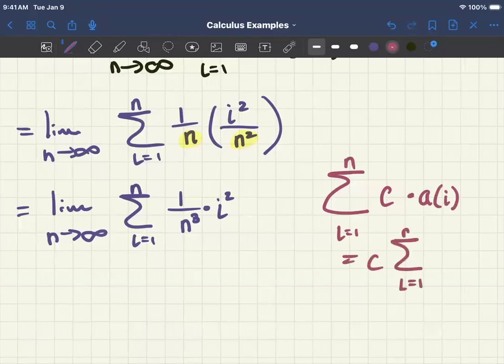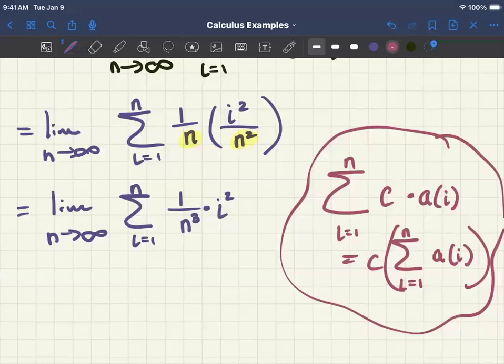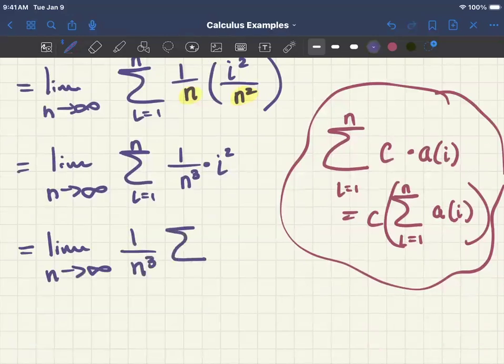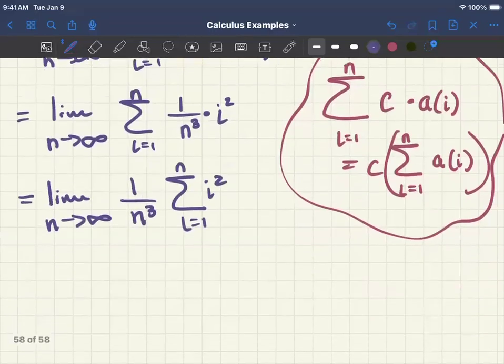This is one of those nice tools that we have, and it's still going to be equal. That is the rule we're going to use here. We're going to pull that 1 over n cubed to the outside, and that leaves us with the sum from i equals 1 to n of i squared.